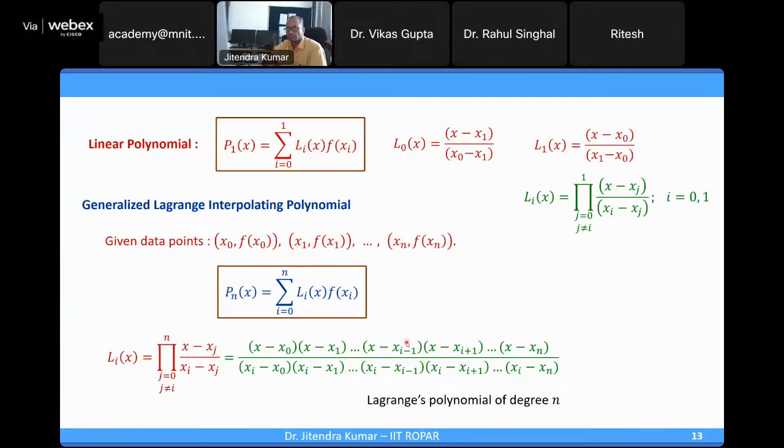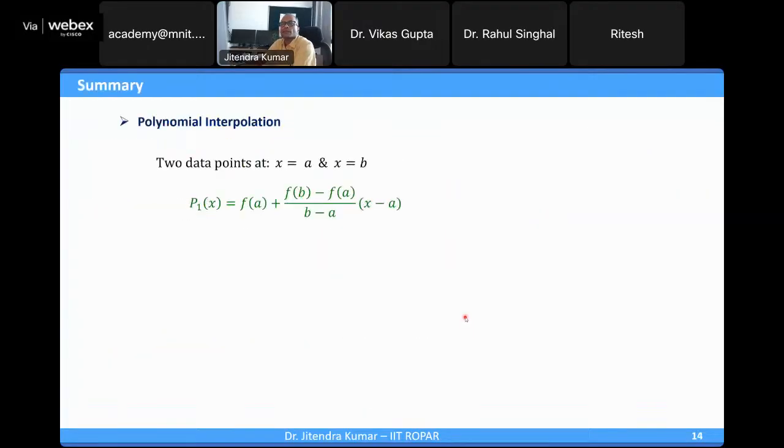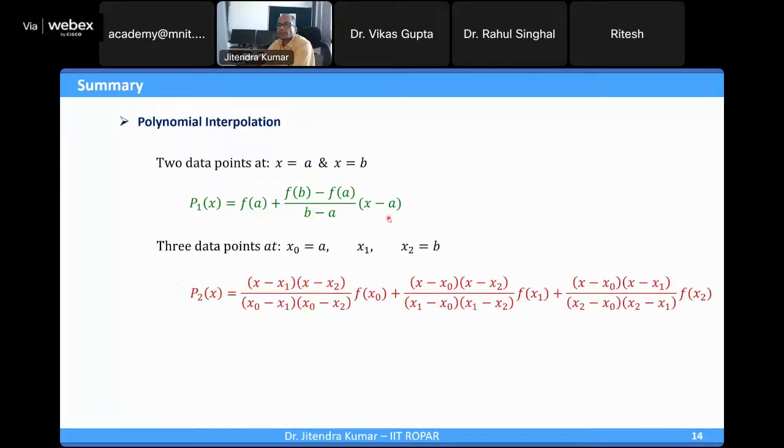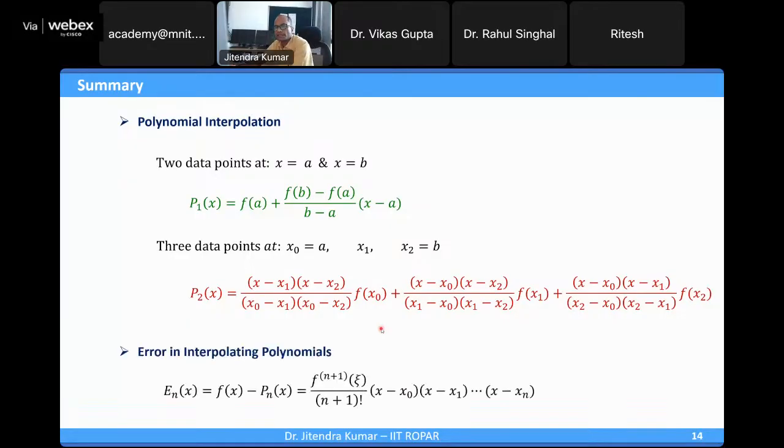So this is what I want to just summarize before we move to numerical integration. What we have seen so far is that given 2 points, you have this first degree polynomial. For given 3 points, you have this 2-degree Lagrange polynomial, and we can extend this, as we have seen in a very generalized formula on the previous slide.